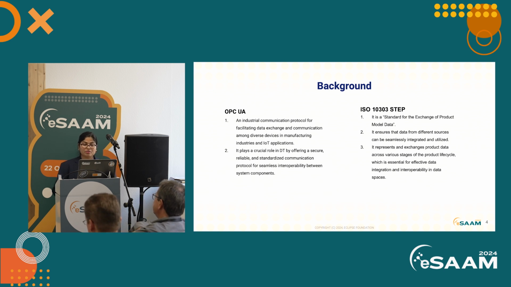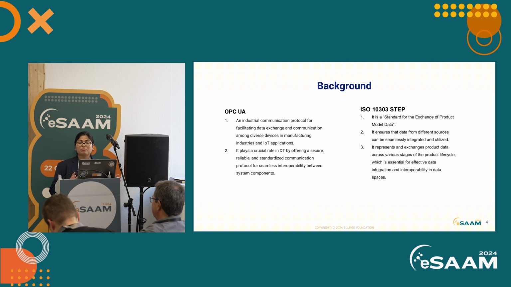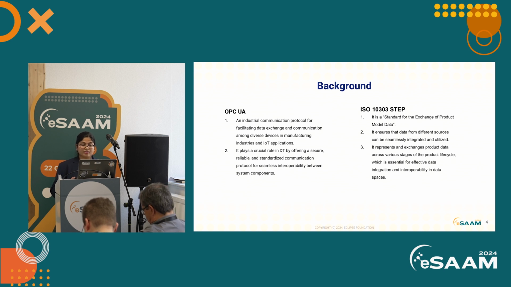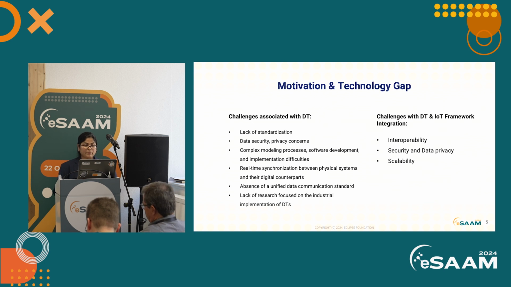Whereas the ISO 10303 step standard is a standard for exchange of product model data. It ensures that data from different sources can be seamlessly integrated and utilized, and it represents and exchanges product data across various stages of the product lifecycle, which is essential for effective data integration and interoperability.